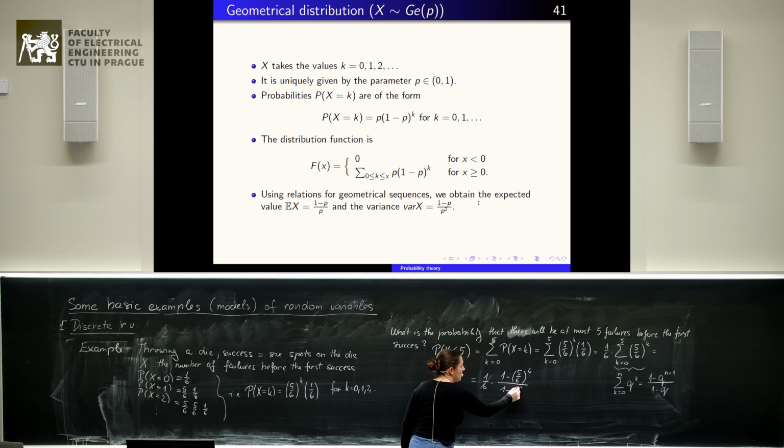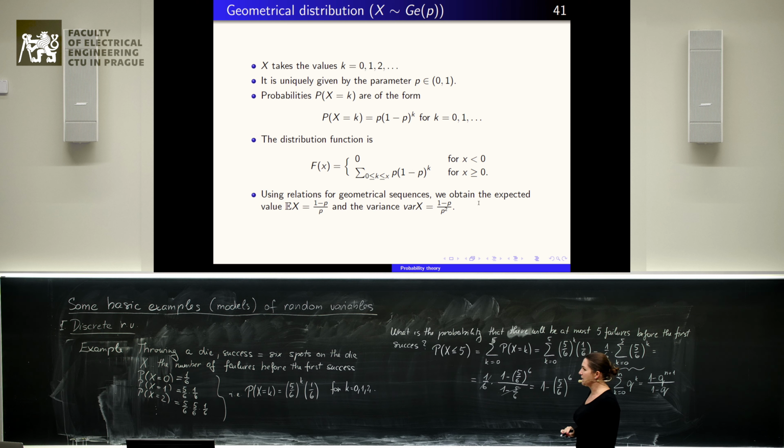So 1/6 divided by 1/6 is equal to 1, and we obtain 1 minus 5/6 to the power 6. This is one way how to calculate the example of at most 5 failures before the first success.